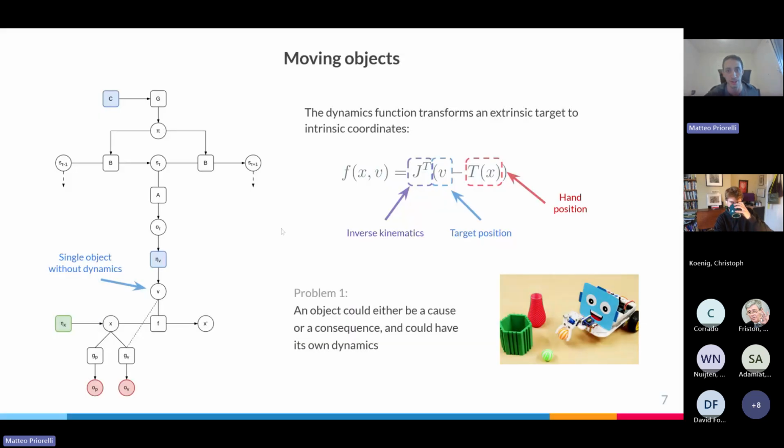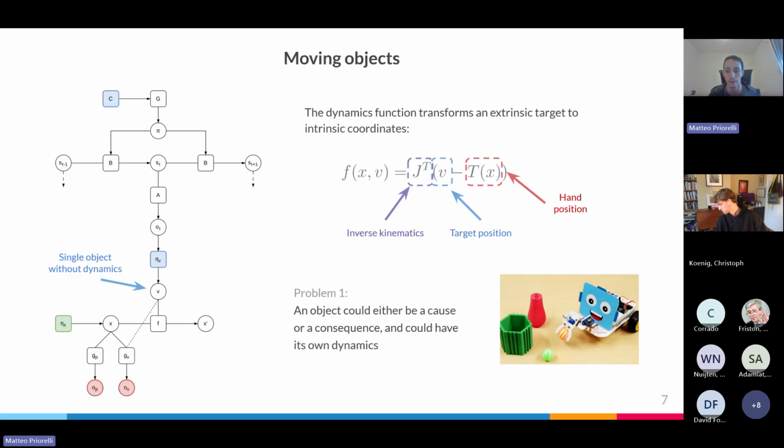So a first issue regards moving objects. In this case, we usually say that in active inference, the hidden causes act as a cause of our hand movements. However, in complex operations, for example, in pick and place operations, we must somehow dynamically assign causes or consequences.